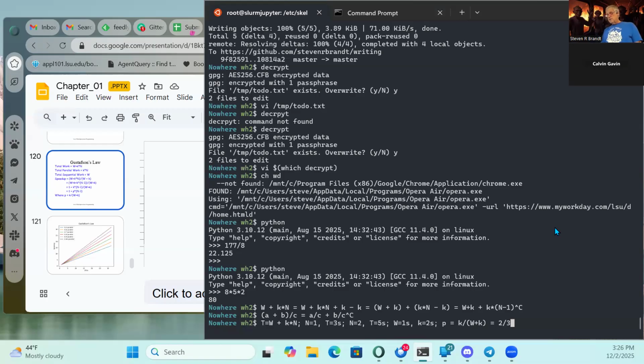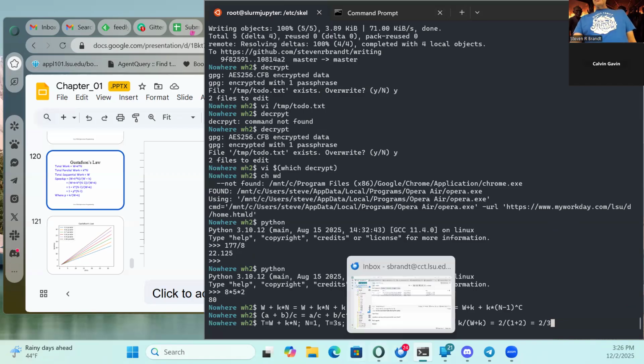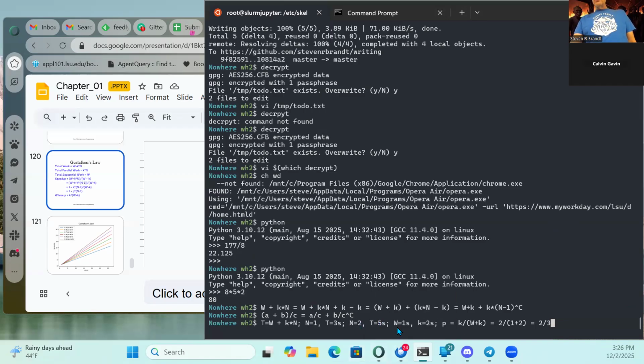Can you work it out all the way? Okay, so 2 over 1 plus 2, 2/3. You can see that the difference between 1 core and 2 cores is 2 seconds, so that means K is 2. You take the difference.